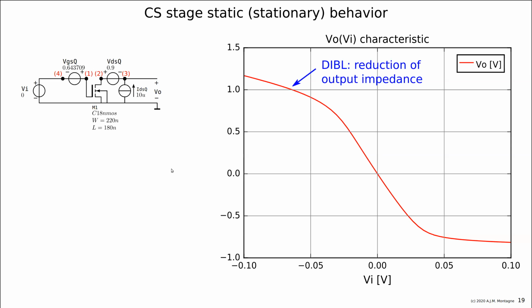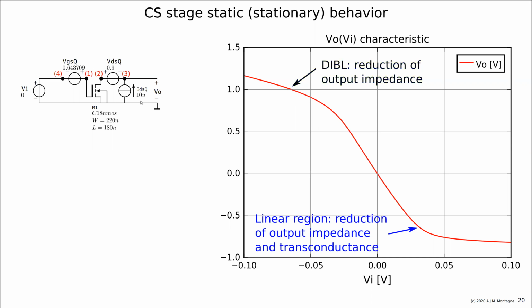And here we see some interesting effects. Here we see the effect of drain-induced barrier lowering. Basically, when the voltage at the output becomes higher, then the output impedance becomes lower because the output current increases. This has been discussed in one of the previous lectures.